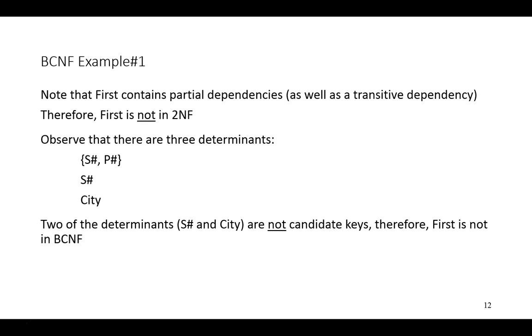Therefore, first is not even in second normal form. So there are three determinants: the combination of S number, P number, the single attribute of S number, the single attribute of city. Two of the determinants, S number and city, are not candidate keys, therefore first does not qualify as being in Boyce-Codd normal form.